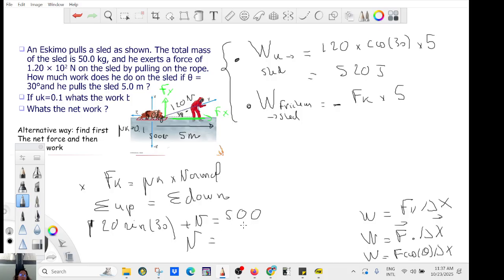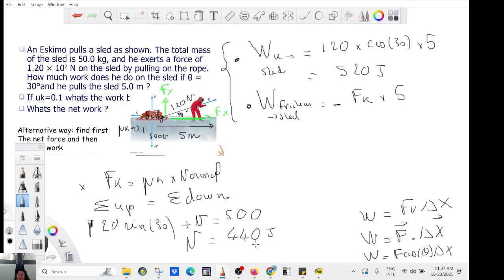So 500 minus 60 is 440, right? If you take the MCAT, you need to know that in your head. You don't use the calculator, okay? They expect you to know that sine 30 is 0.5. You have to memorize the simple 45, 30, and 60.